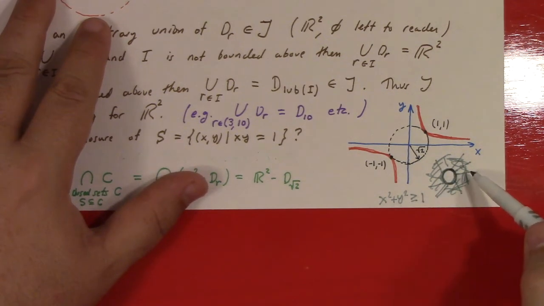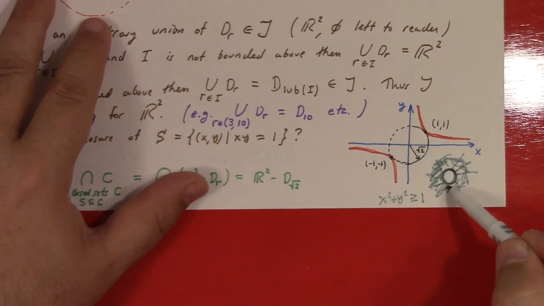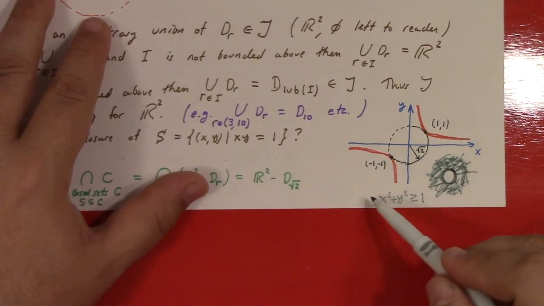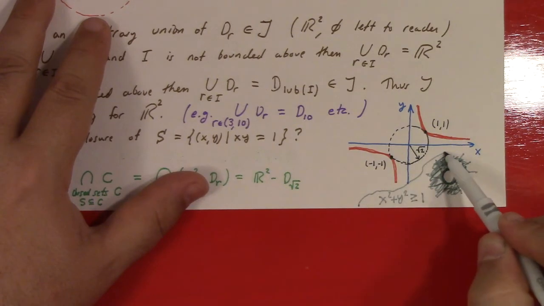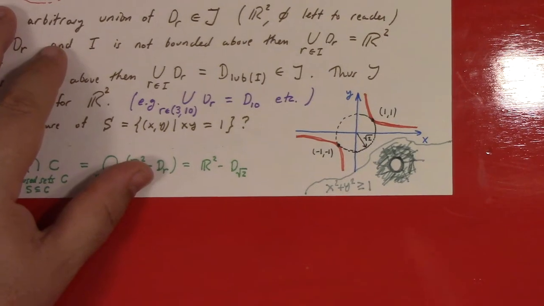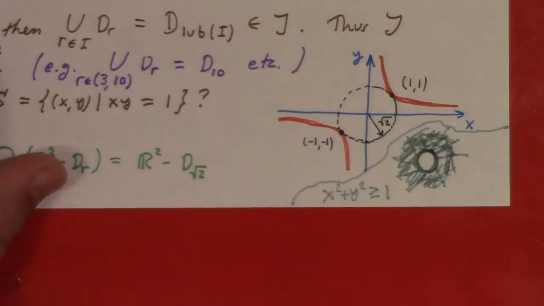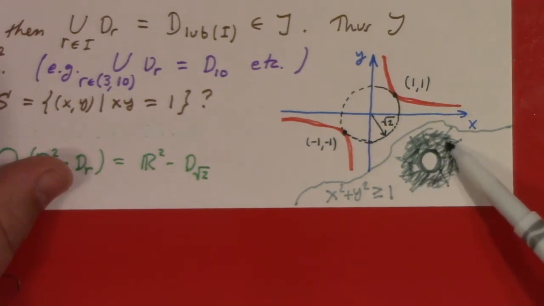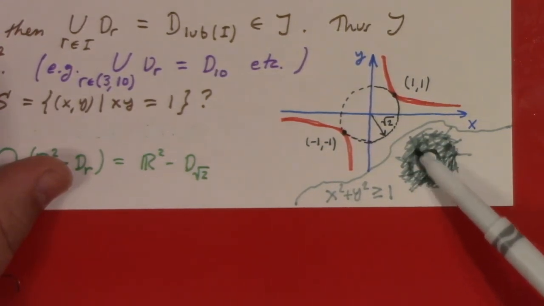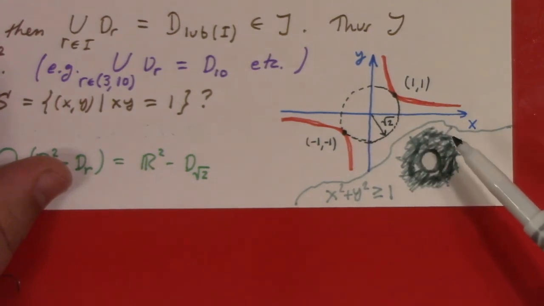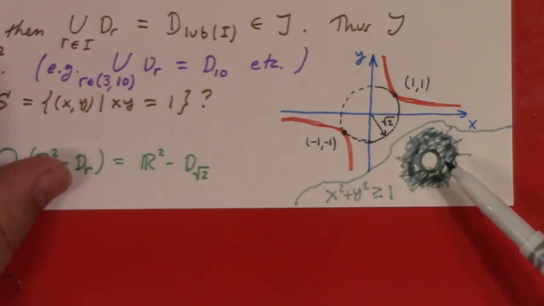Then this set, I'm not trying to add to this picture here, I'm trying to draw a separate one. So let me draw a little dividing line there. This set here, and I'll zoom in, is closed in this topology because if you take the complement, you just get the open disk of radius 1, which is by definition open.